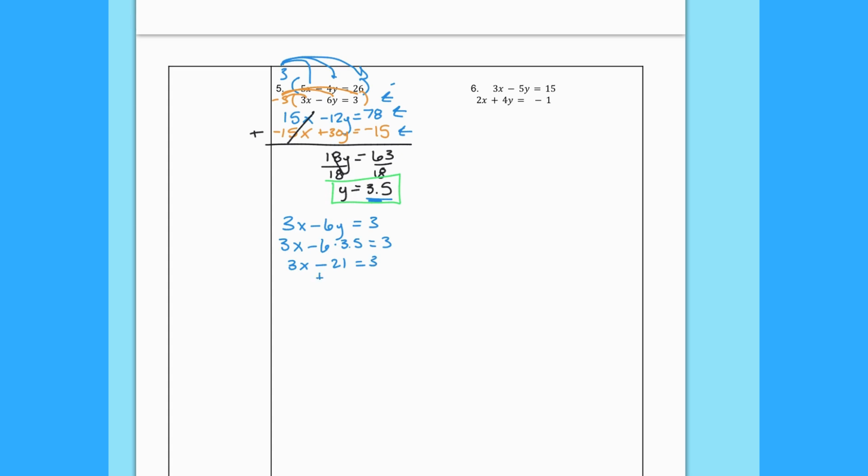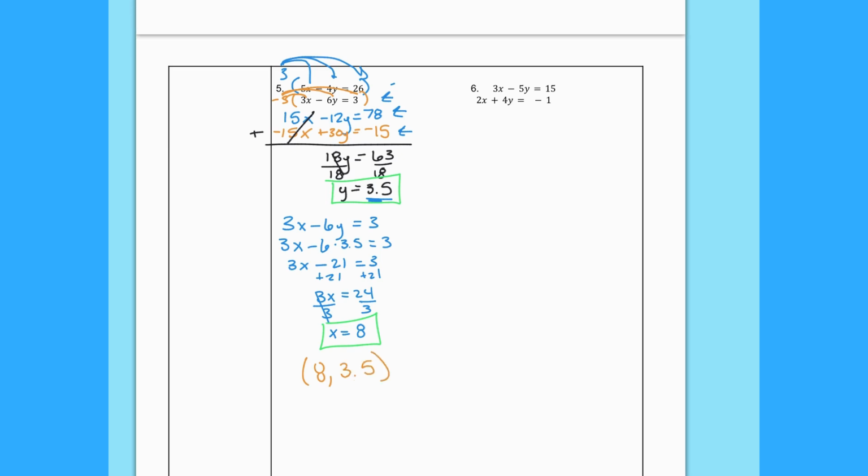And then I can add 21 to both sides to start solving this equation. 3x is equal to 24. Then we divide both sides by 3. And we get x equals 8. So now we have the second part of our answer. The complete answer for this problem is going to be the point (8, 3.5).